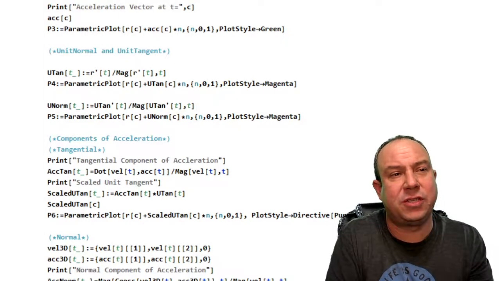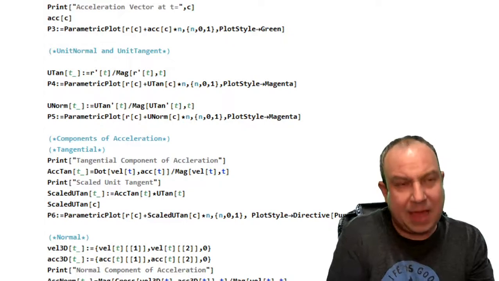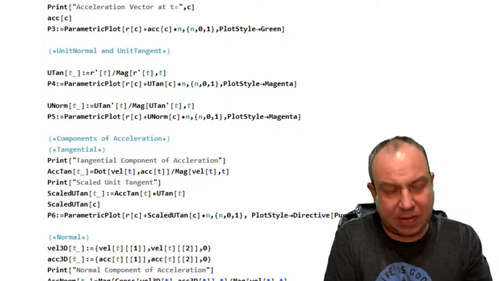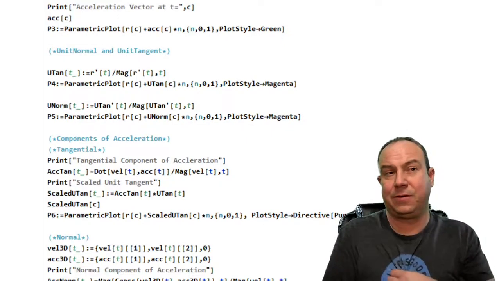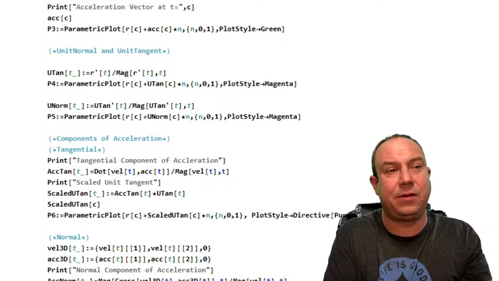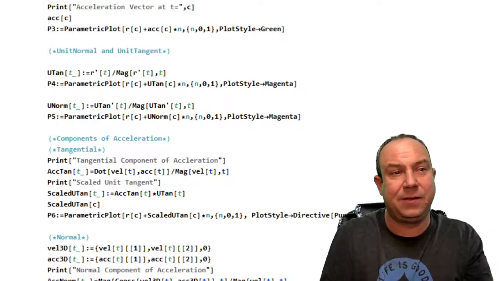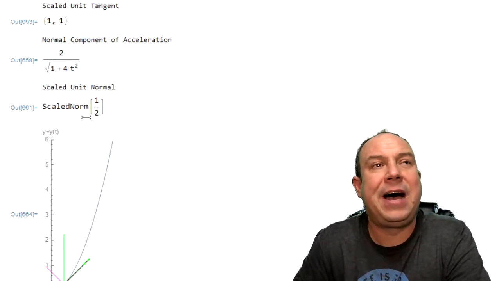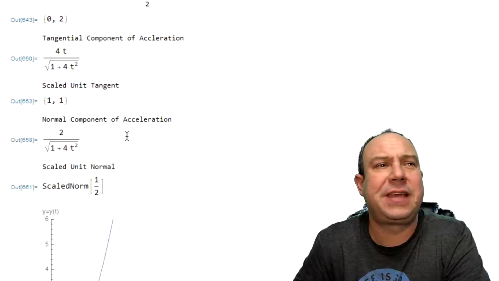It is going to be a function of t, and we're going to build that by taking our normal component of acceleration, which again is a scalar at t, and multiply it by our unit normal vector at t. Right? And then we are going to do a scaled normal at c and see what our measurement is, right? And it should tell us down below. The scaled unit normal is scaled 1/2.